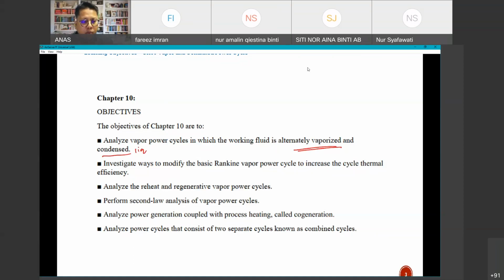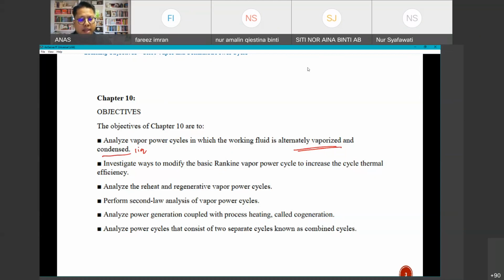Then we study ways to modify the basic Rankine vapor power cycle to increase the cycle thermal efficiency. Again, we will be looking at the idealized Rankine cycle, and how we can improve the basic Rankine cycle based on a few methods.